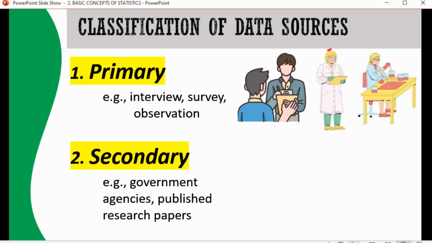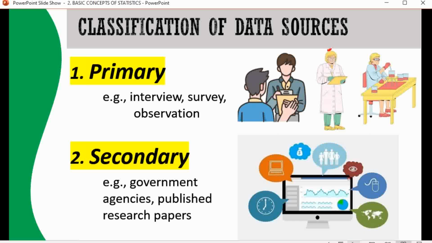You may go to PSA, Philippine Statistics Agency, for information on population. You may also go to the SWD and the likes. Any governing bodies who are tasked in gathering information of the population. You can do that.